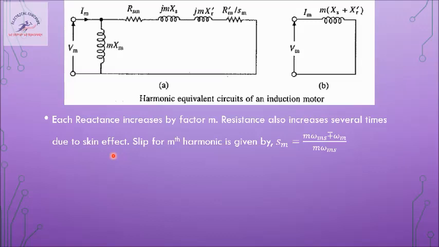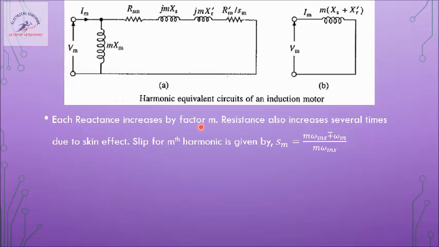If the frequency increases, due to the magnetic interaction the current will tend to flow only on the surface of the conductor and not beneath. This is skin effect, and as the frequency of the supply voltage increases, skin effect will also be more. This gives rise to a fictitious resistance. Now, by what factor this resistance increases is not mentioned.